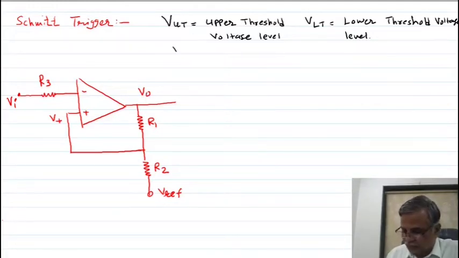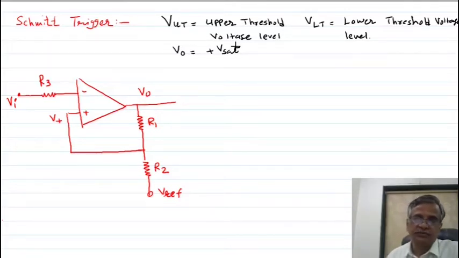Let us suppose the output voltage is plus Vsat, which means the output voltage is positive. When the output voltage is positive and you want to calculate the upper threshold voltage level, you can use the superposition principle.